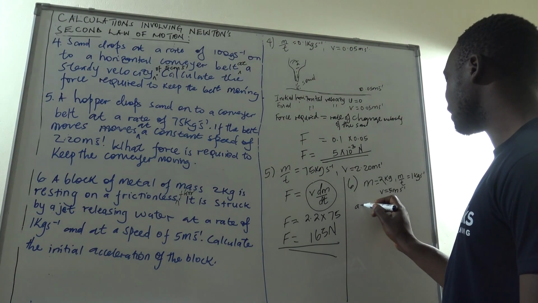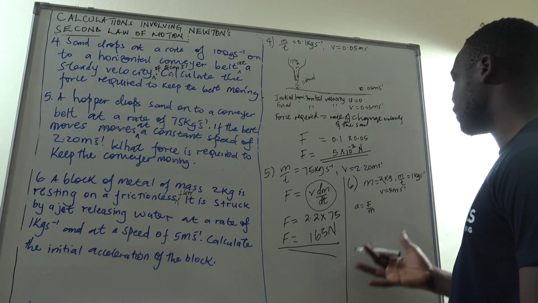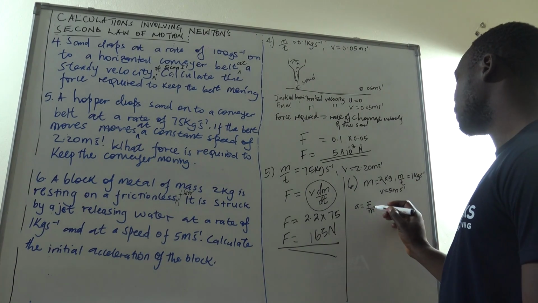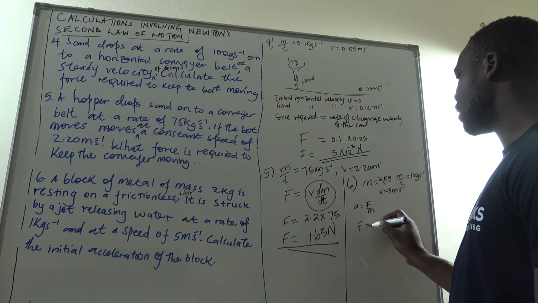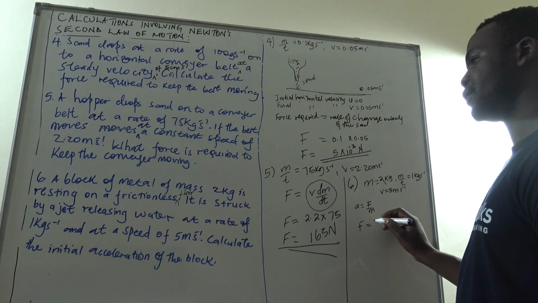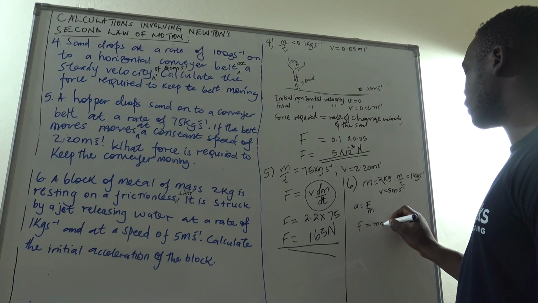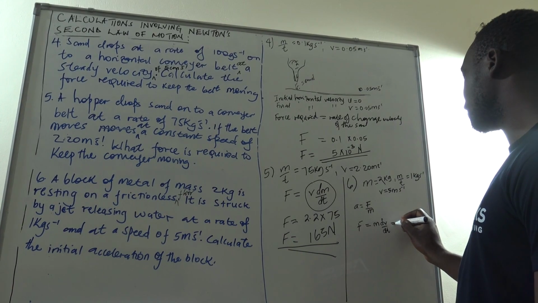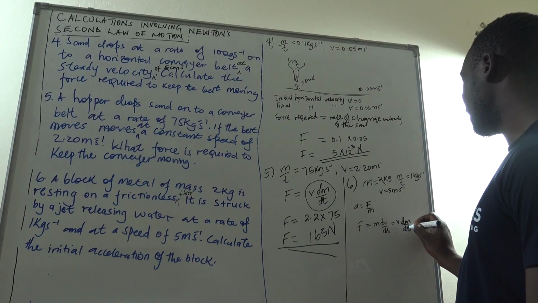Now we know that acceleration is got from force over mass. So what does this tell us? It means that we should be in a position to get the force first. But how do we get this force? The force, m dv/dt, should be equal to v dm/dt.